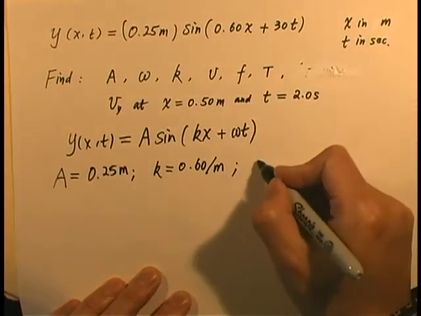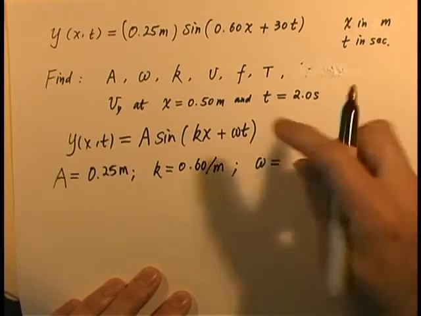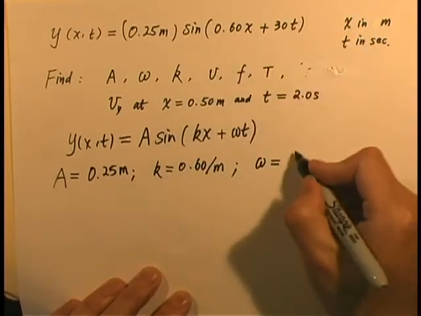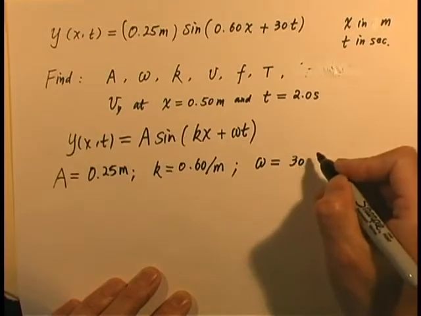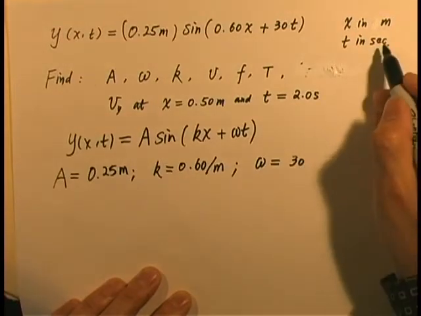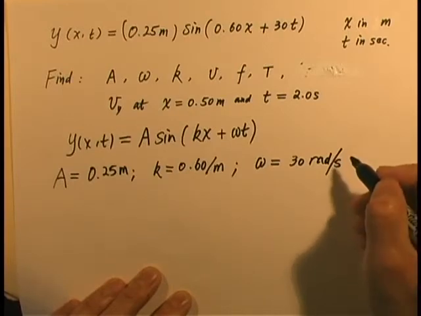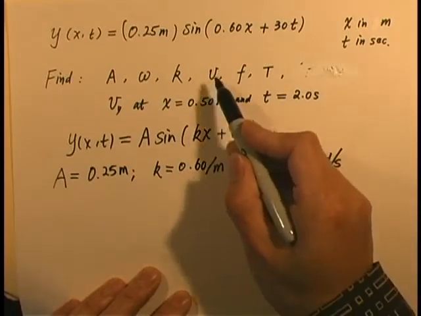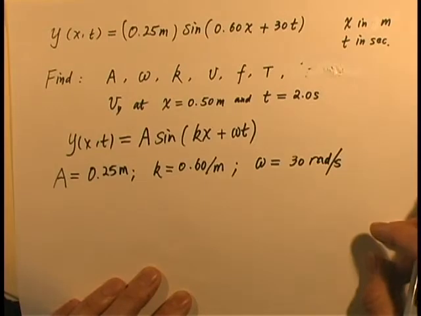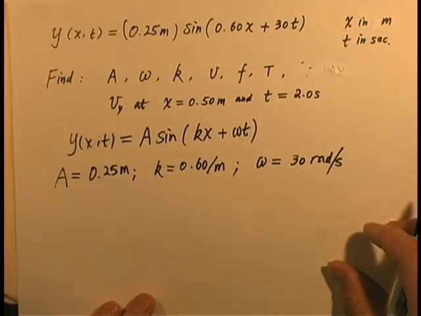Okay, what about omega? What's omega equal to? Well, omega equals 30. And what is the unit? Well, the standard unit is radians per second, and t is indeed measured in seconds, so that's 30 radians per second. Alright, here is v, the speed of propagation of the wave. How does one find that?